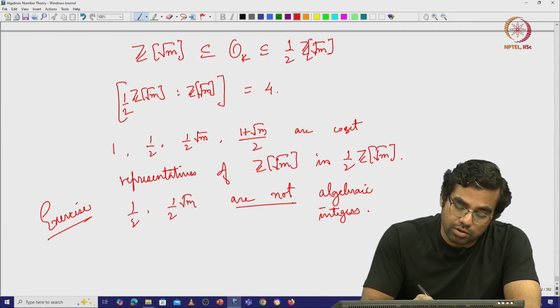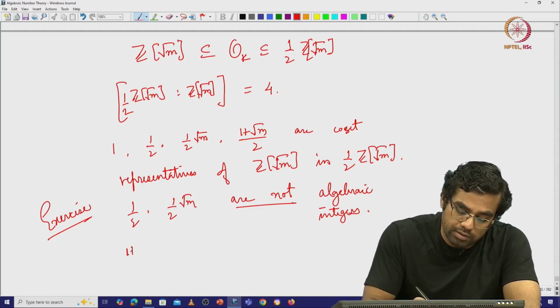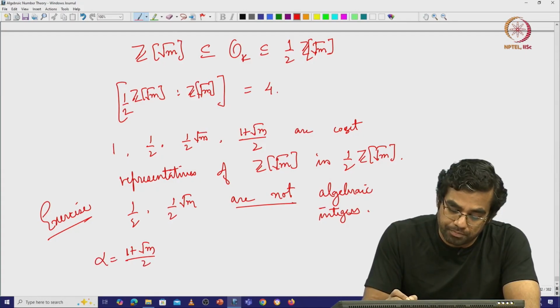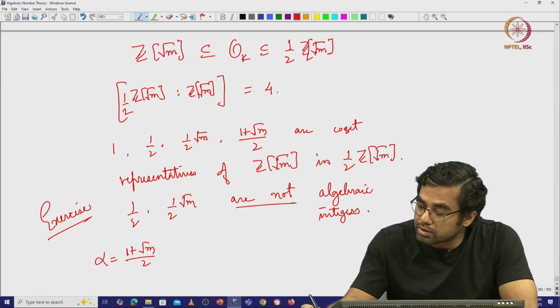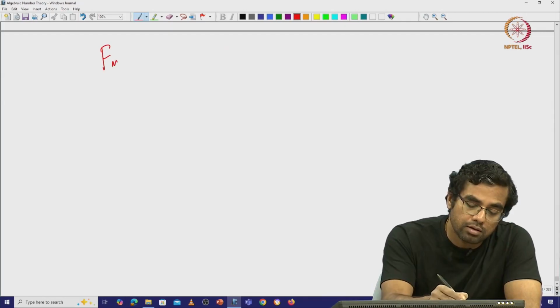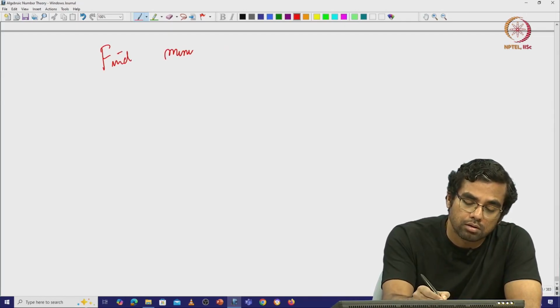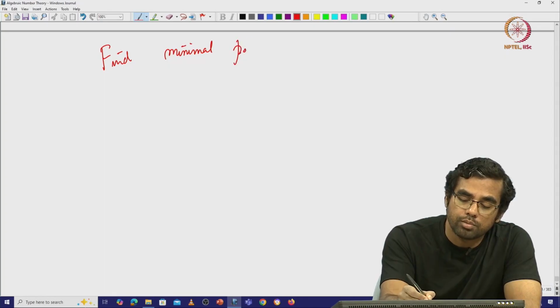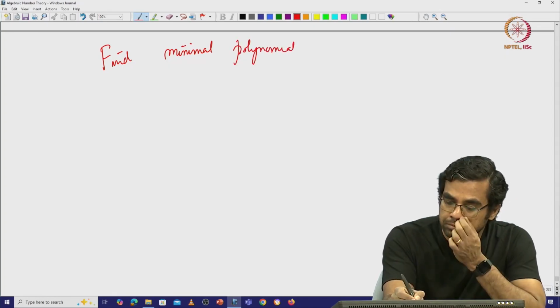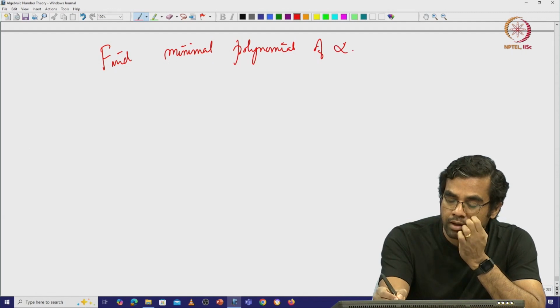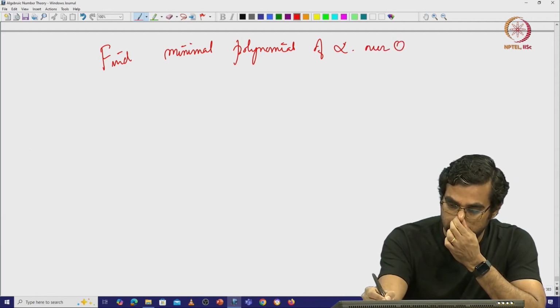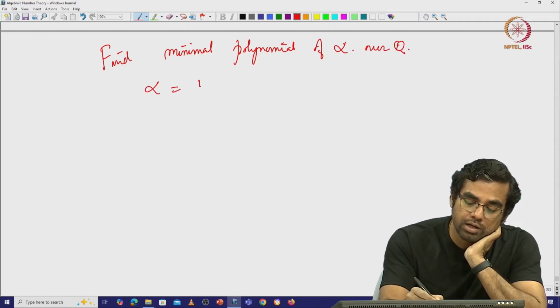So, it all depends on whether (1 plus square root of m) by 2 is an algebraic integer or not. Okay. And so, what we do is we find the minimal polynomial of alpha over Q, right. So, alpha is (1 plus square root of m) by 2.